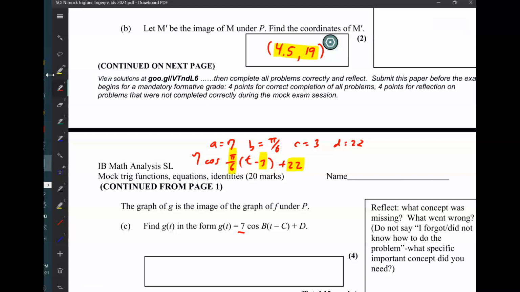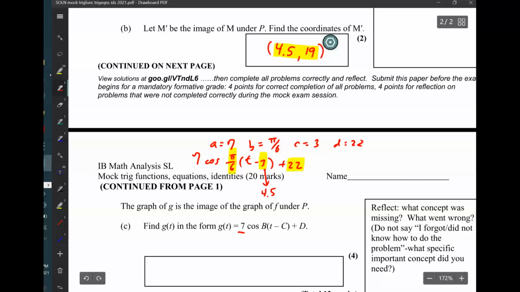It used to be 3. Now that we did the transformation P, we already found that the maximum point is now at (4.5, 19). We know that the new C value is going to be 4.5.